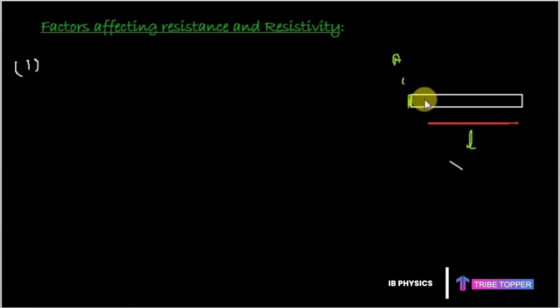That means if the length of a conductor is very long, the more the collisions happen, and more collisions means more resistance, because resistance is because of the collisions, right? Therefore, the resistance of a conductor would be directly proportional to the length of the conductor. So that's the first factor which affects the resistance of a conductor, and that is the length of a conductor.